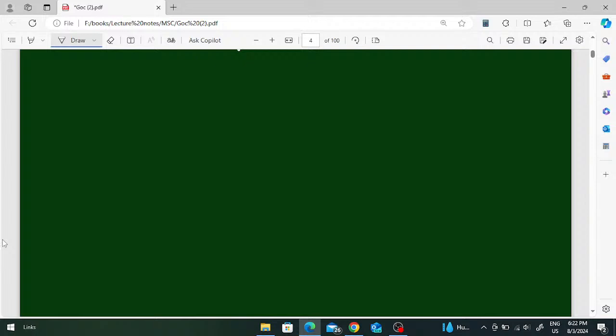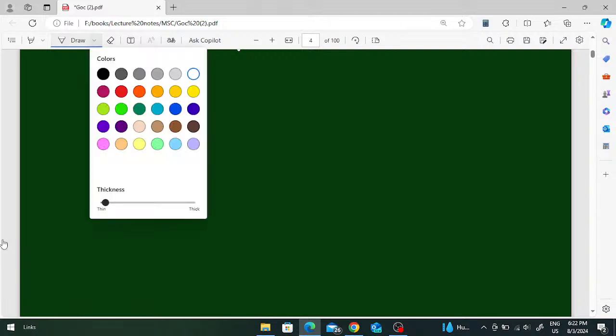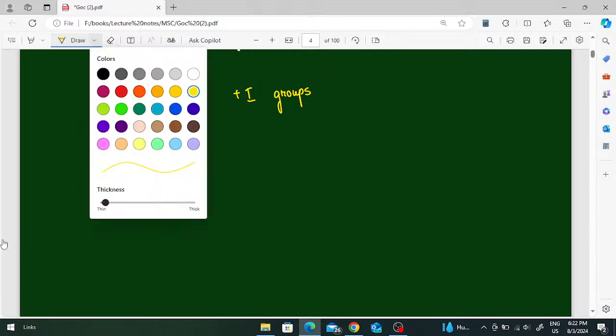Since we have already talked about plus I and minus I effect, let's talk about how they act. First we'll talk about the plus I groups. Let me use a different color.